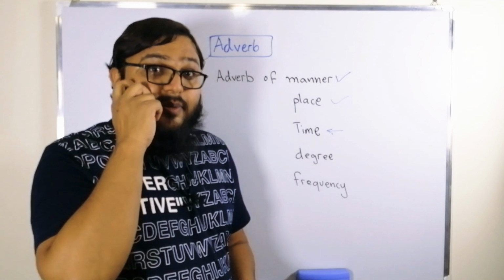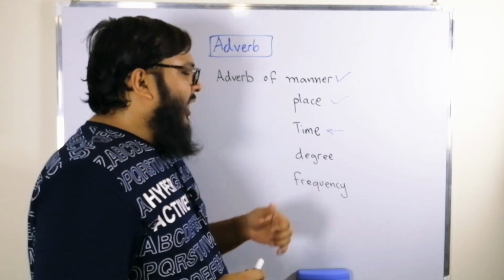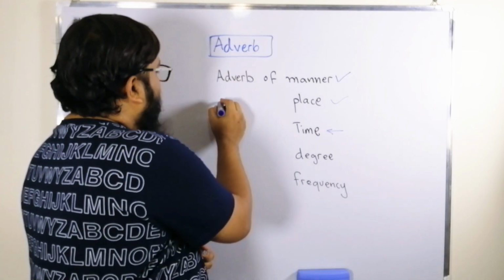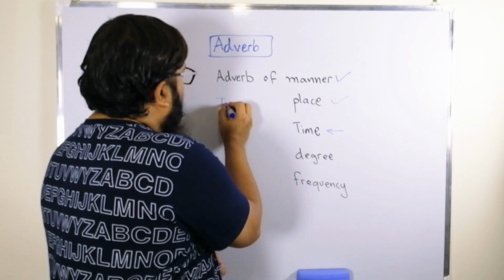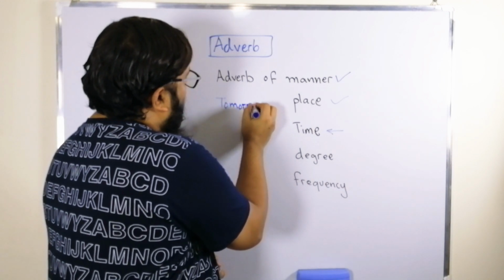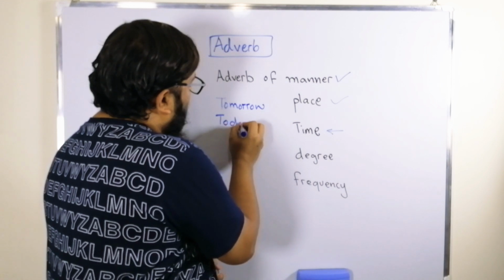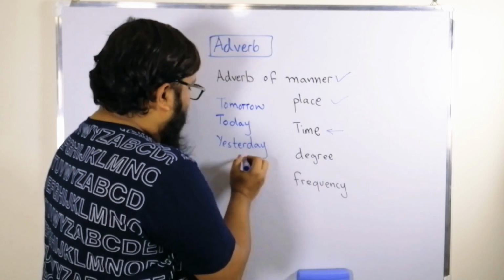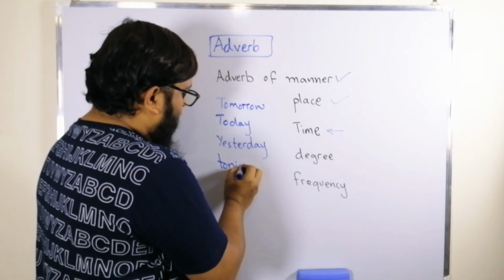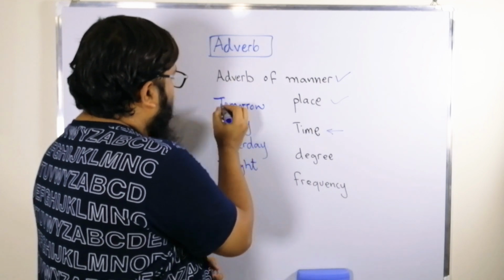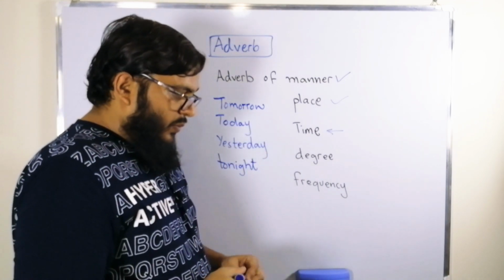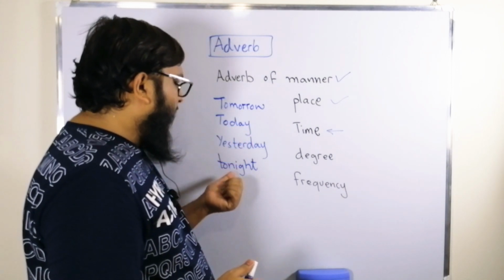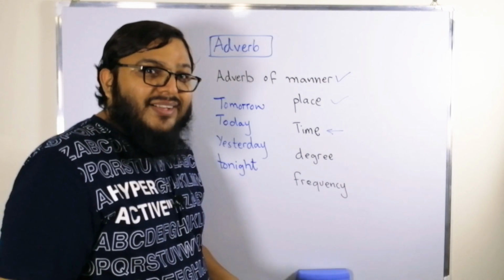Now, adverbs of time. When we talk about adverbs of time, we have words like tomorrow, today, yesterday, tonight, now, later.